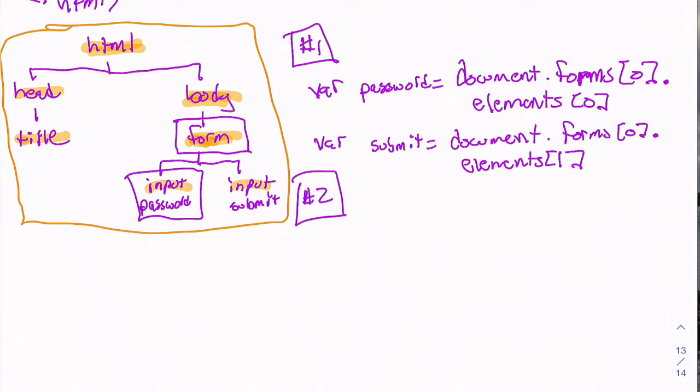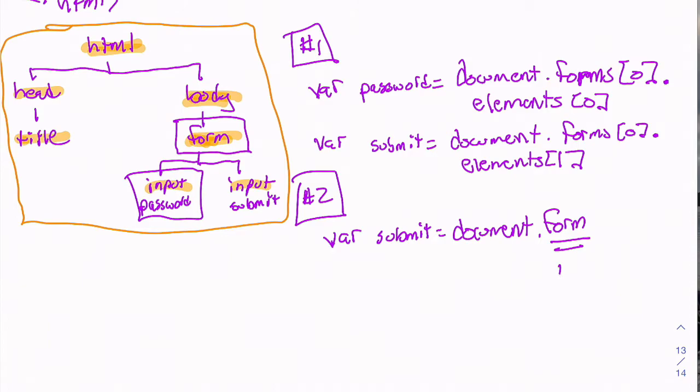Let's say I want to go after the submit button, because it's going to be useful to go after buttons, since you can set up event handlers for buttons. So that's why I'm going to use buttons as an example. I'm going to say var submit equals document.form.